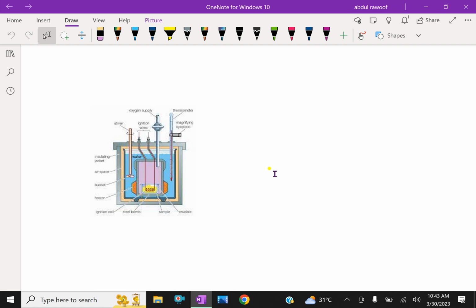The energy from the combustion is absorbed by the surrounding water bath and by other parts of the calorimeter. The water and the other parts of the calorimeter have known specific heats. So a measured temperature increase can be used to calculate the energy released in the combustion reaction and its enthalpy change.